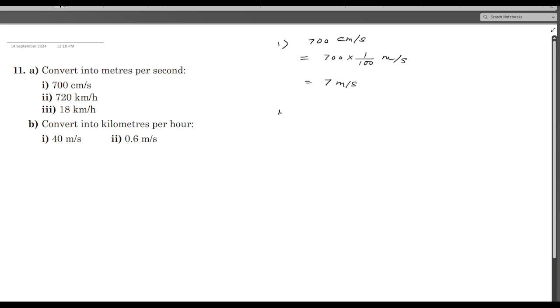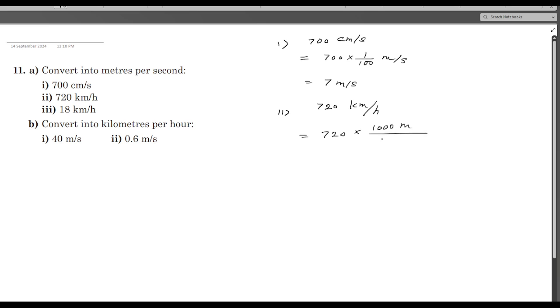Now second, it is 720 kilometer per hour. So 720 kilometer per hour, this we have to convert into meter per second. Now kilometer, if I convert into meter, it will be 1000 meter.